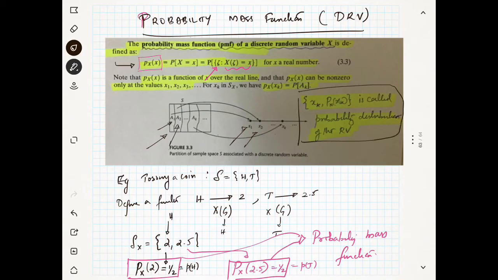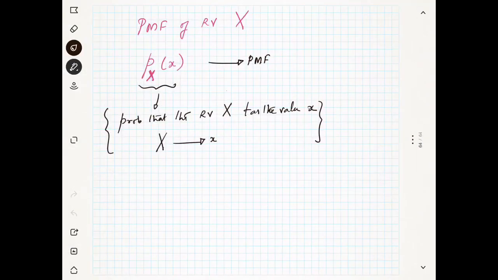That means the probability distribution can be denoted as the probability of that random variable along with the probability mass function. So I will give an example for the probability distribution function.